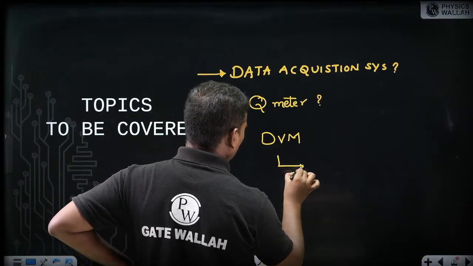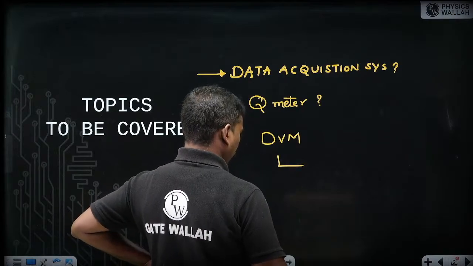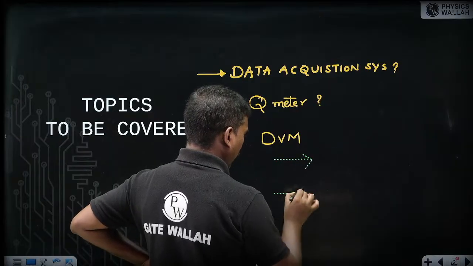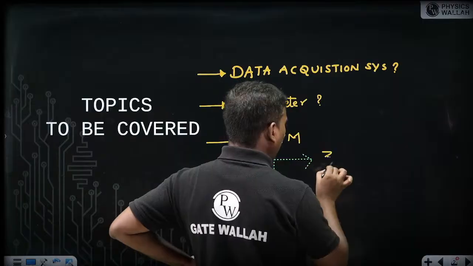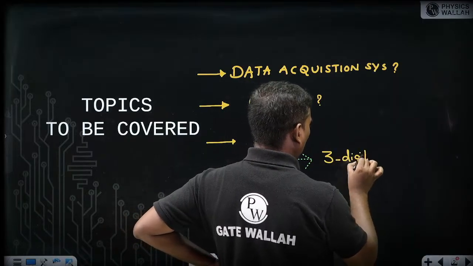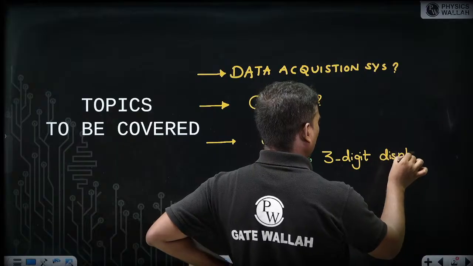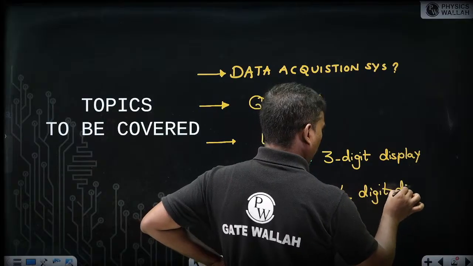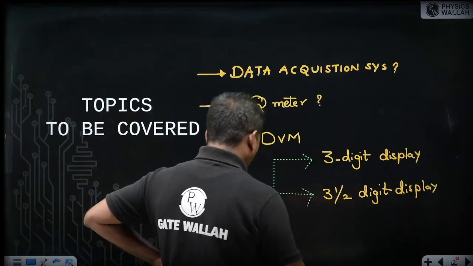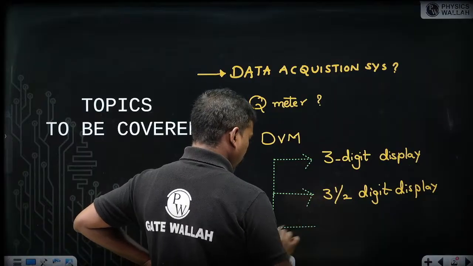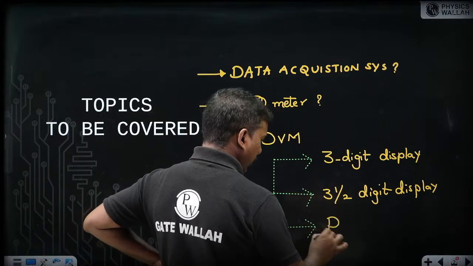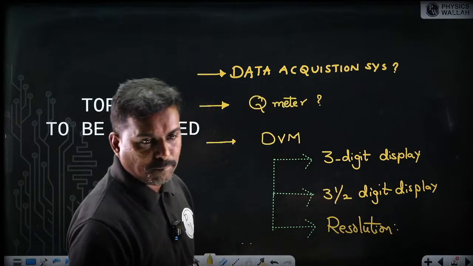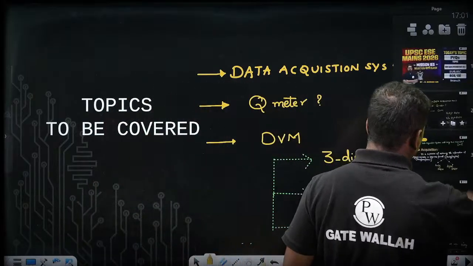In DVM, we have two categories: one is the 3-digit DVM with a 3-digit display, and the next one is the 3.5 digit display. And we also covered resolution. If you have any doubts, you can ask me, my dear.